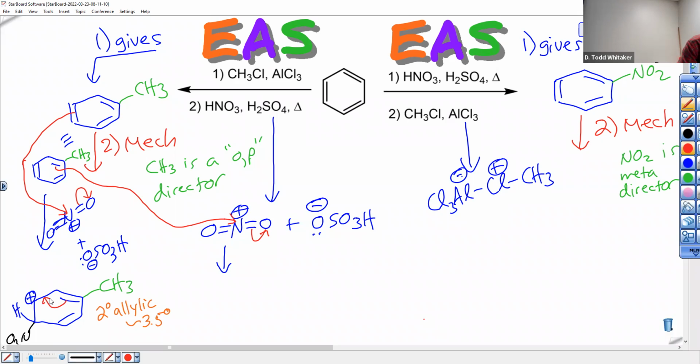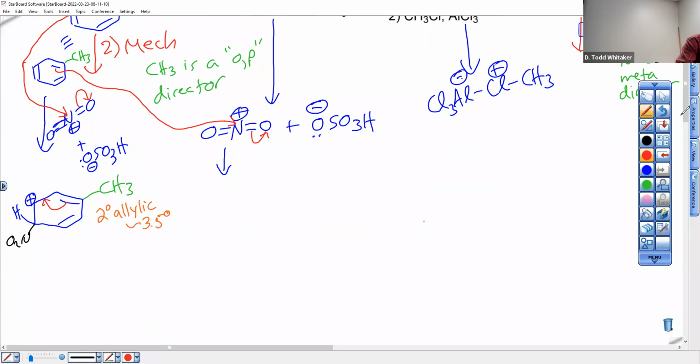With resonance, you can generate this cation. Tertiary allylic. Can you tell me how stable that is?